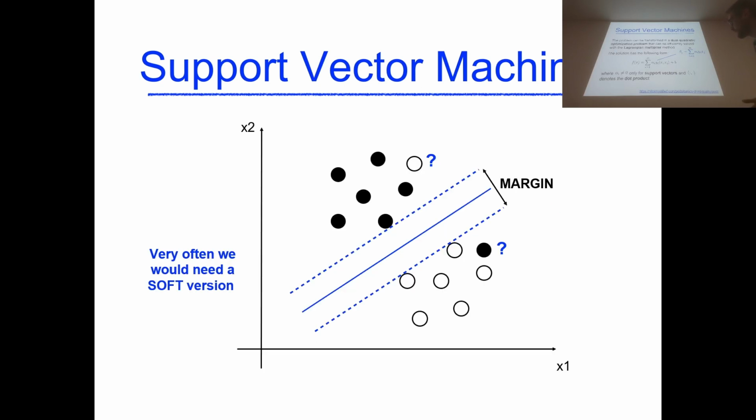It is not always the case, so it is much more common to aim at a soft version of the margin instead of a hard or strict margin. So try to maximize the margin, but tolerate some misclassification. It may be impossible to find a hyperplane that separates these kinds of things.